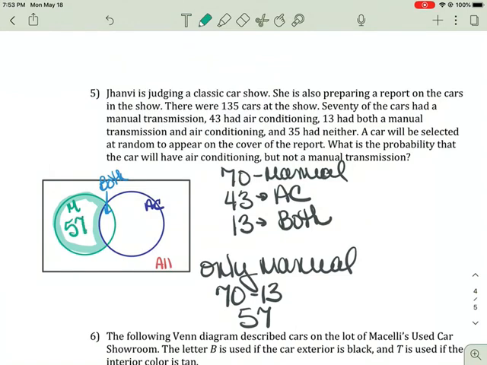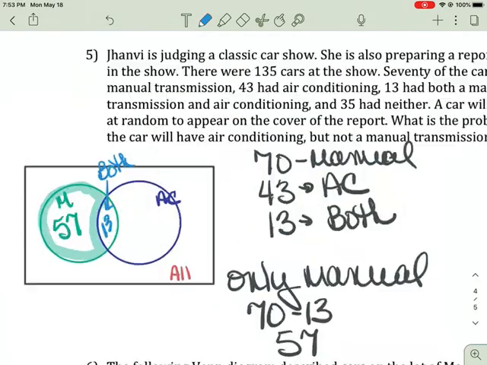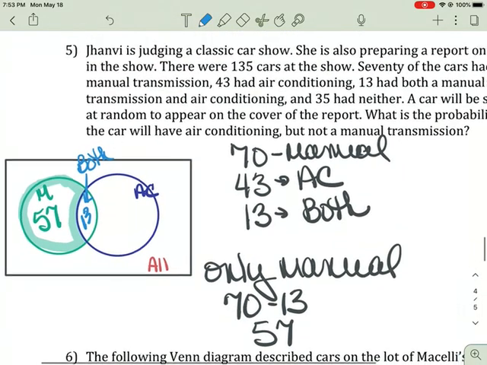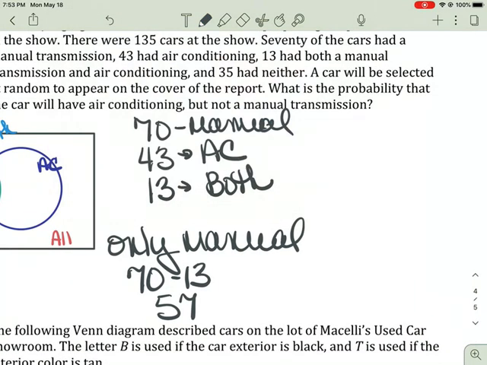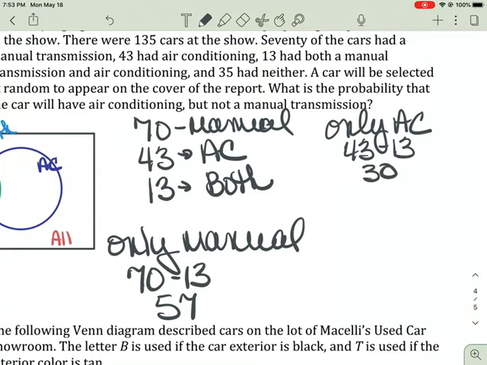Now we know 13 of them had both. So that's 13. And now let's figure out only AC. That's 43 minus 13, which gives me 30.